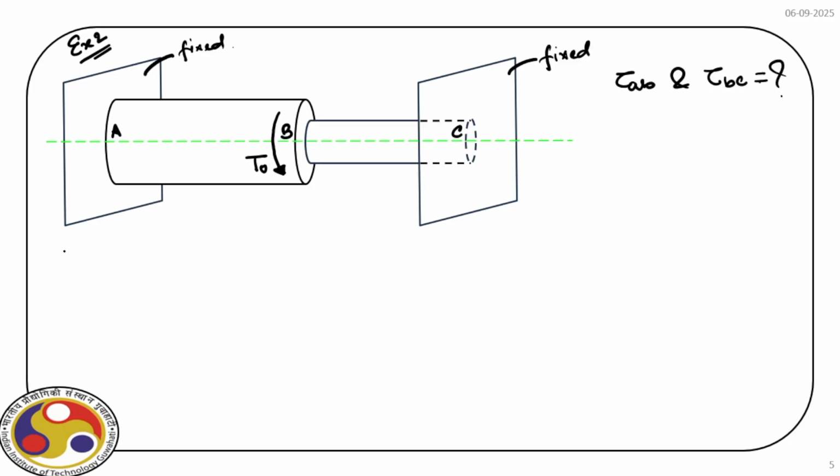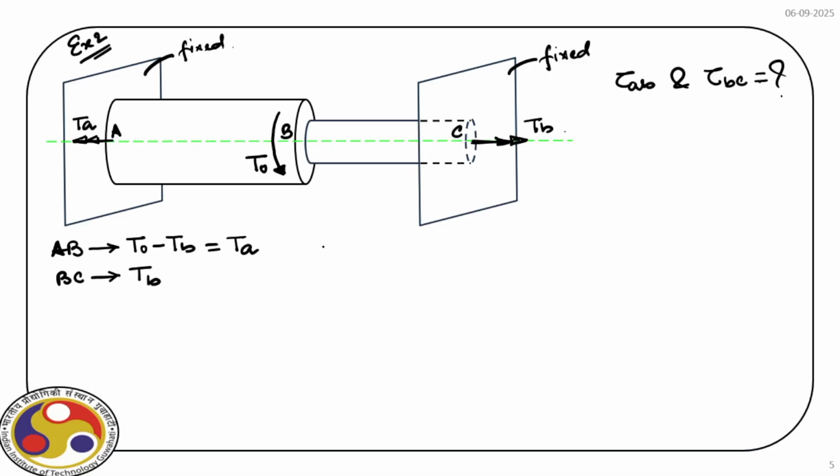Now, if you look at the section AB and BC, say over BC we apply a torque TB. Obviously, the total torque applied over the section AB is T0 minus TB. So we have here, say TA is equal to T0 minus TB, and at this section we have TB.